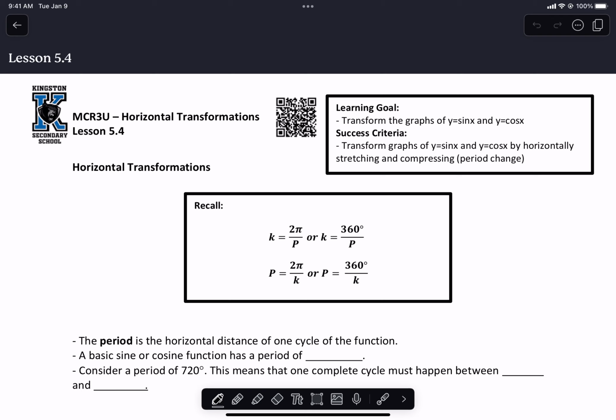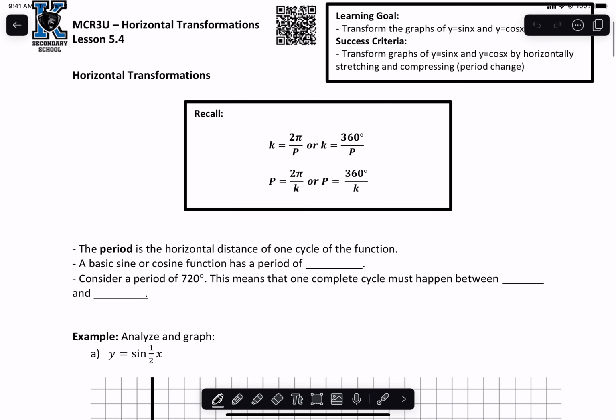So the period is the horizontal distance of one cycle of the function. A basic sine or cosine function has a period of 360 degrees. And if we consider a period of 720 degrees, this means that one complete cycle must happen between 0 and 720 degrees.